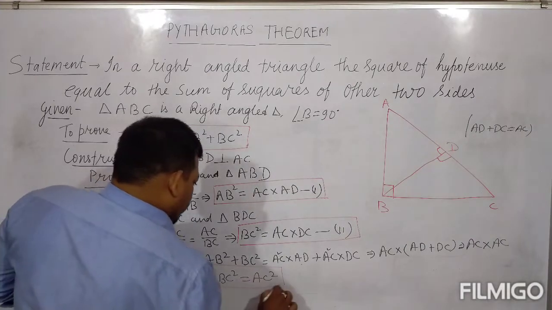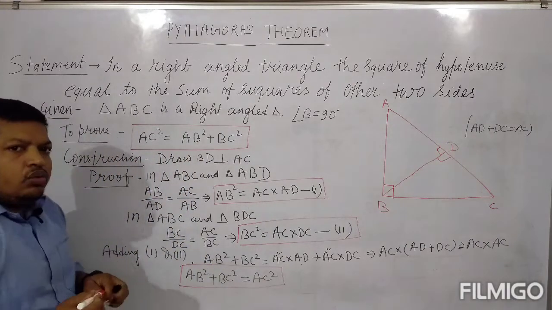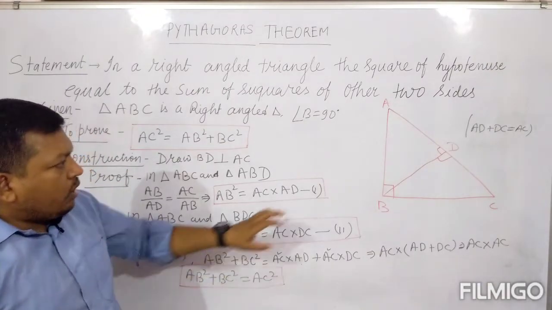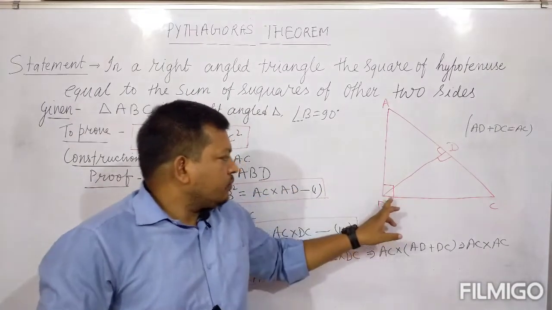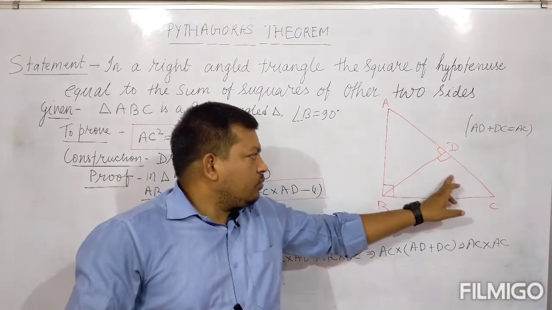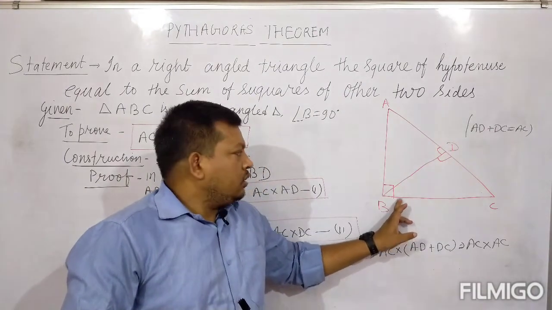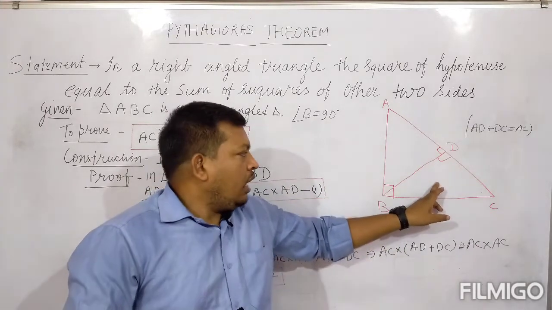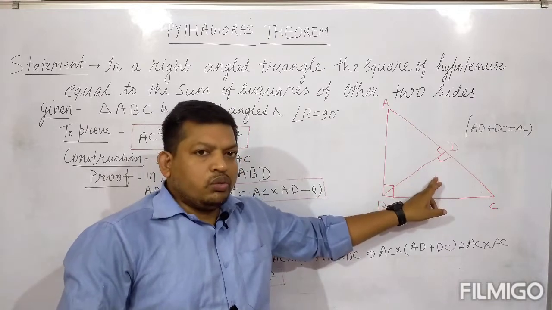How have we proved that? We have used the rules of similarity for proving this equation. What is the rule? When a perpendicular is drawn on the hypotenuse from the opposite vertex, the perpendicular divides the main triangle into two smaller triangles, and both the triangles are similar to each other.